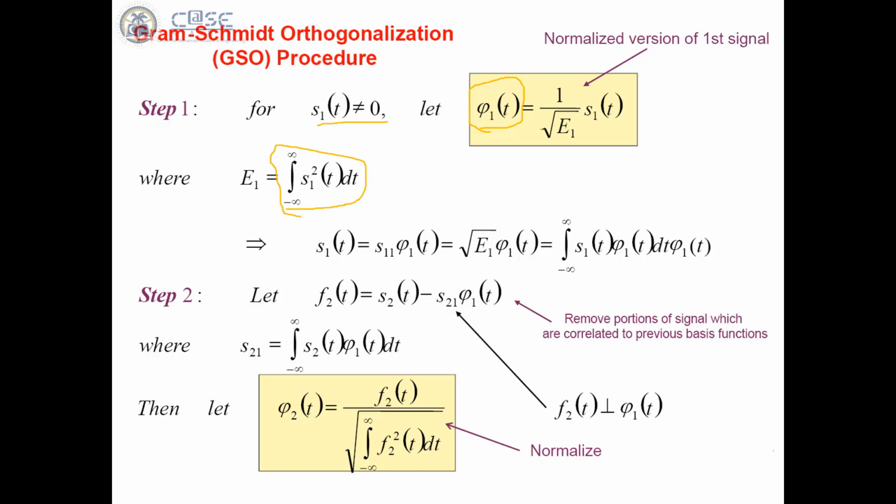And substitute the under root of that energy E1 in this function, right? So in the end, S1 of t can be represented in terms of the basis function phi1 of t. If you substitute under root E1 on the left hand side, S1 of t is nothing but under root E1 times phi1 of t.